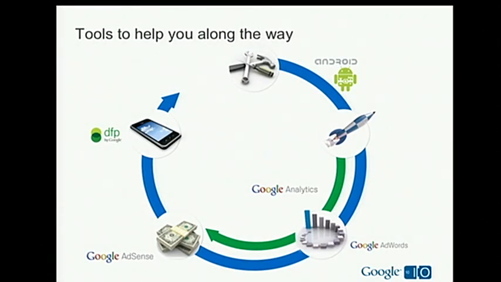So the good news is Google can be there for you all along the way, starting with the Android platform as a great place to build your apps, to analytics for measuring and improving your applications, to AdWords for promoting your applications, driving that growth just a little bit faster, AdSense for monetizing them, and then later on, when you start doing direct sales, you can use DoubleClick for Publishers and manage your sales and then backfill with AdSense or even third-party ad networks. And we'll talk about all of those today.